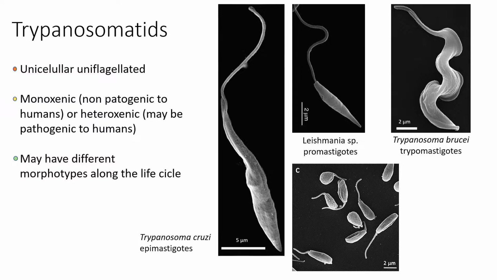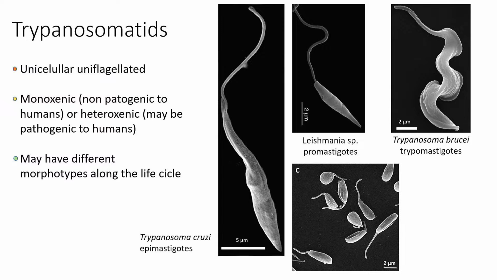And as you can see here, we have some important representatives of this family that cause diseases in humans. We have here an epimastigote form of T. cruzi that causes Chagas disease.